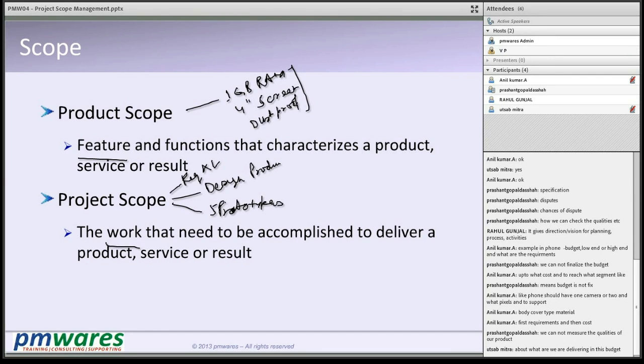And you can also define what other things you will deliver during this project, what should be part of the scope. Like every week or every month, you will provide a project status report to the customer. That will become part of the project scope. Once you have told this, you have to do this.